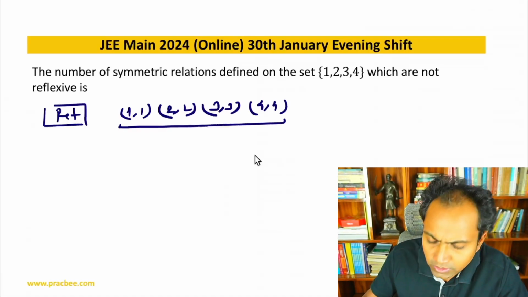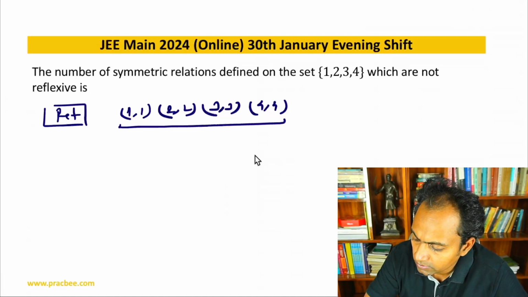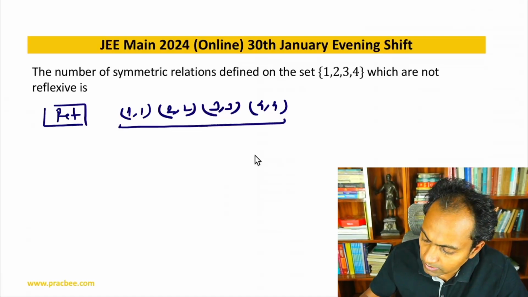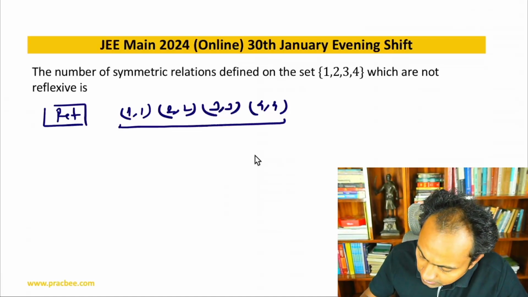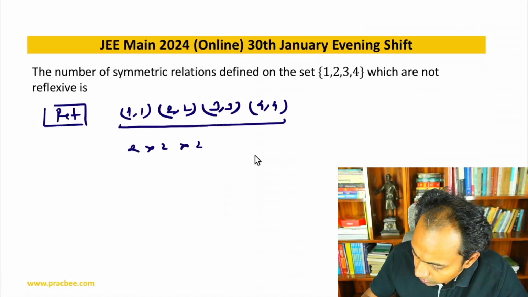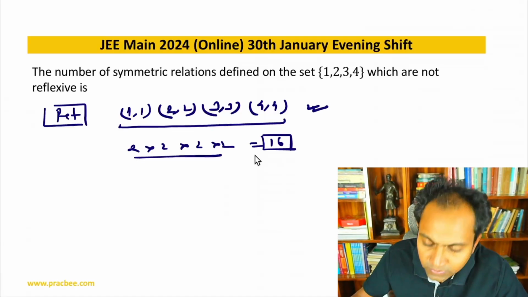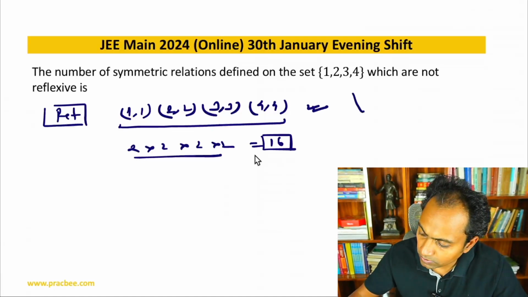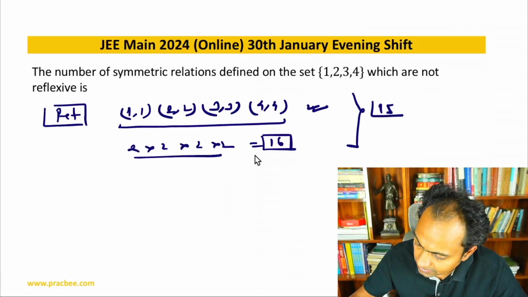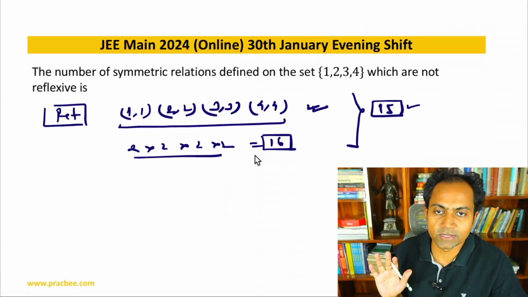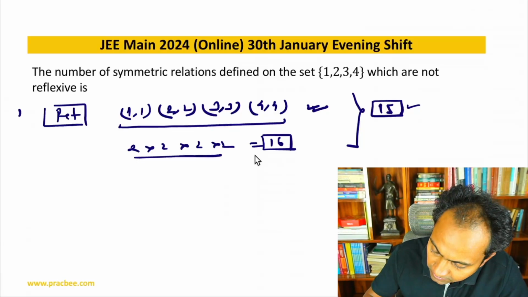All of these 4 need to be there. So you can see that each of them can be either present or absent, which gives 2 into 2 into 2 into 2 cases. There are a total of 16 cases. Out of these 16, in only one all of them will be present. So out of this, in 15 cases, it will become non-reflexive. So the first part we have taken care of, the first condition.